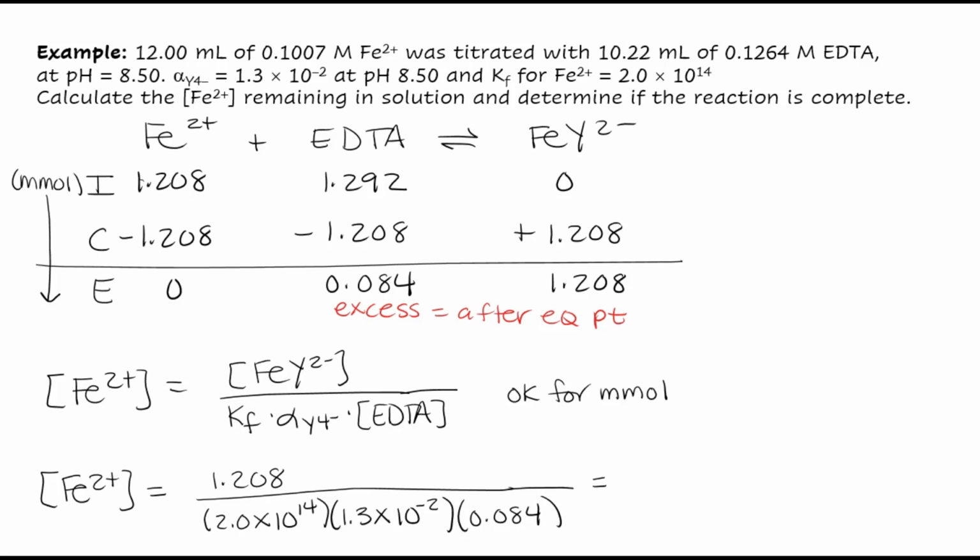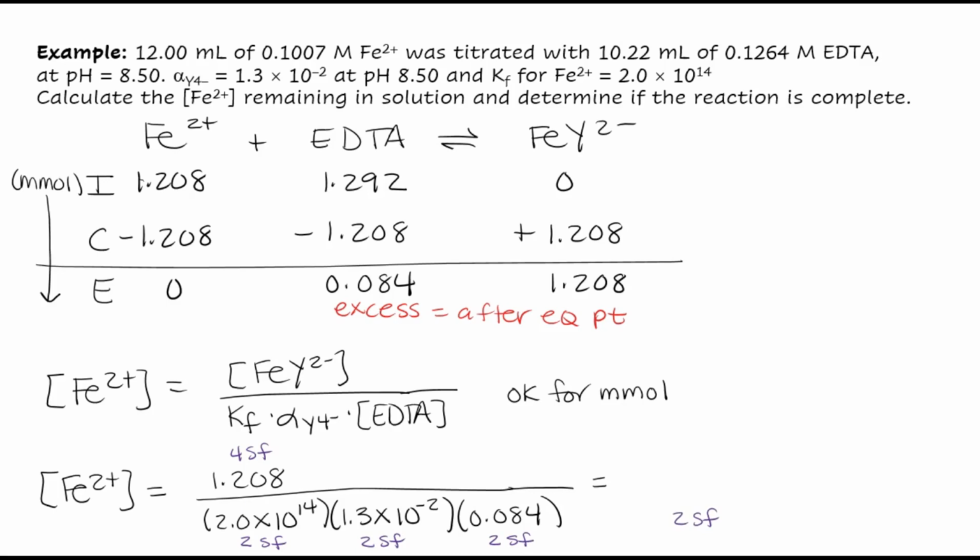Checking our sig figs, we have 4 sig figs in the numerator, 2 for Kf, 2 for alpha, and 2 for the millimoles of EDTA. So we'll round this molarity to 2 sig figs.